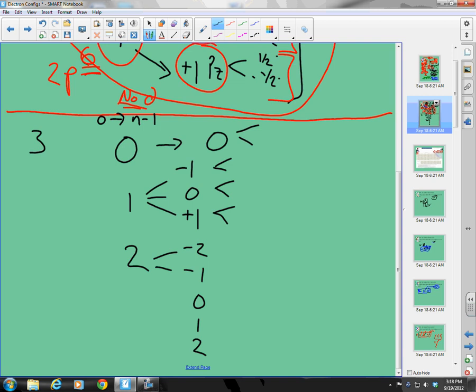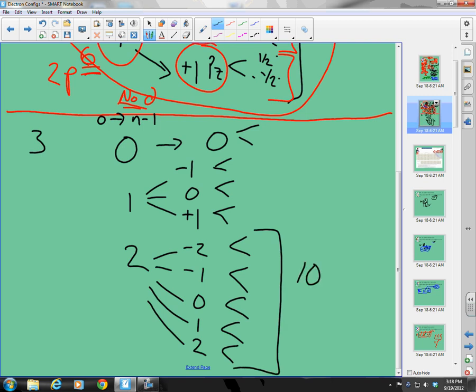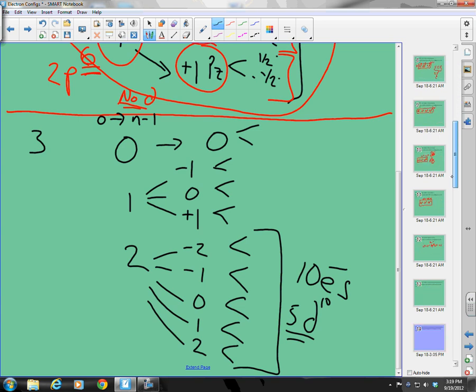That means I have 5 orientations, and in each of those orientations, 2 electrons are permitted. So with my d orbitals, I can put a total of 10 electrons. That means I could go as high as 3d10 before I would go to the next set of orbitals. Okay, good. So that's giving you a little foreshadowing, folks.